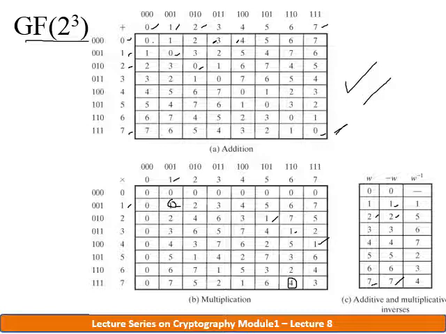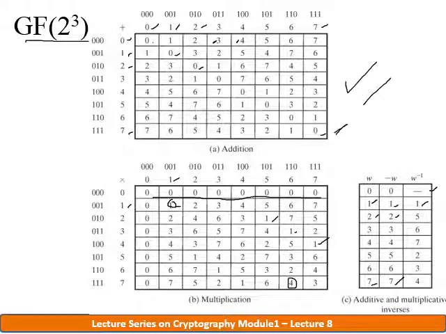Therefore, for multiplication, for the element 1, the multiplicative inverse will be 1. For 0, nothing is there. For 0, we don't have any multiplicative inverse because we are not finding any identity element of the multiplication under this row here. So we don't have any multiplicative inverse for that.